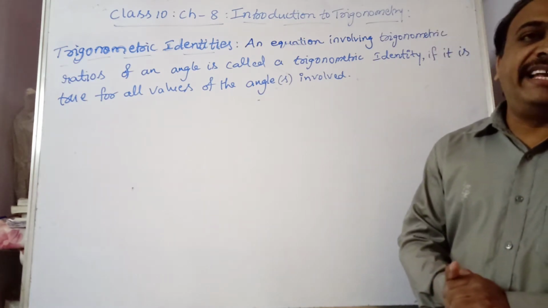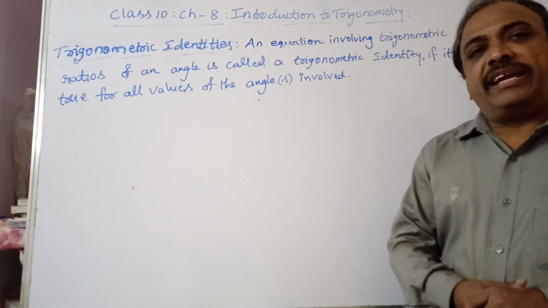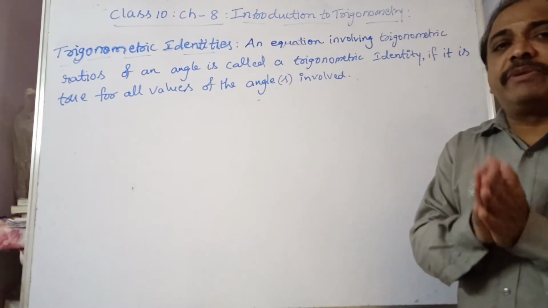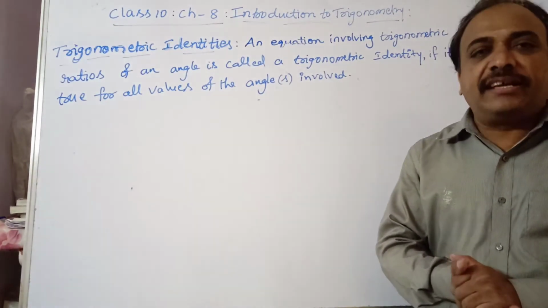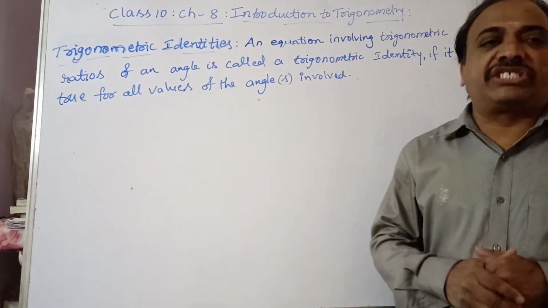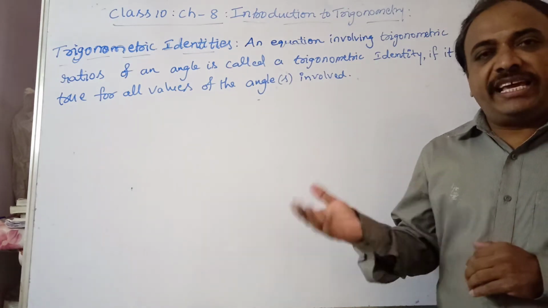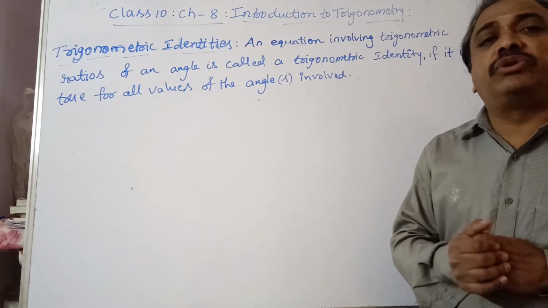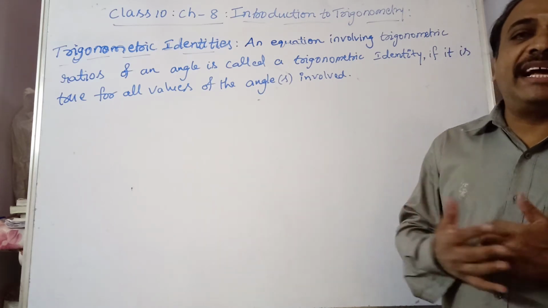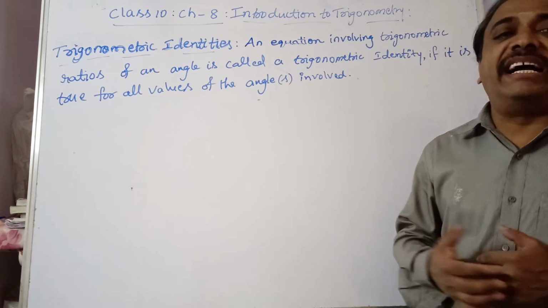Trigonometric identities. What are the trigonometric identities? Before that, what exactly is an identity? In the previous classes, class 9th and class 8th, we discussed the algebraic chapter, algebraic expressions and identities.